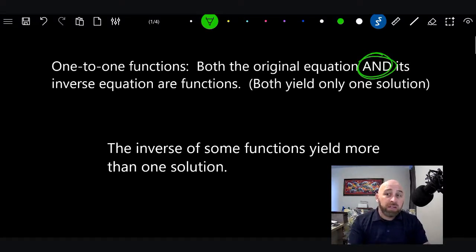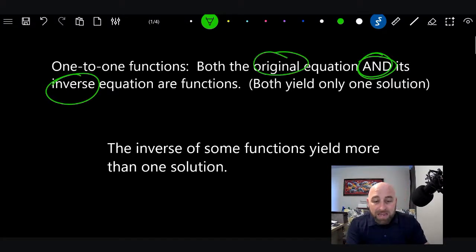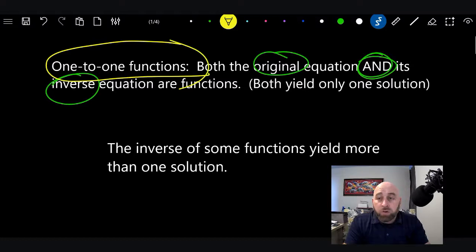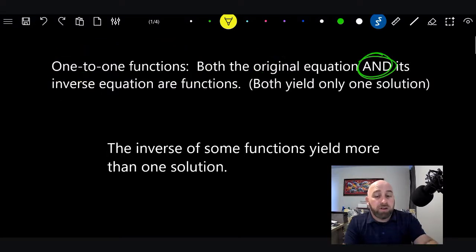So not only does the original function have to be a function, but also the inverse has to be a function. The original and its inverse have to be functions in order for it to be what's called a one-to-one. All that means is that both the original and the inverse are both functions.